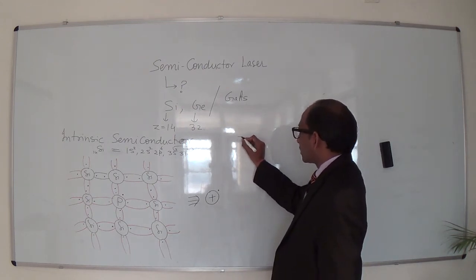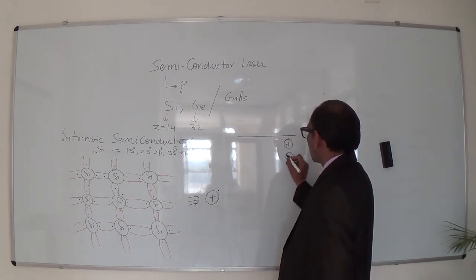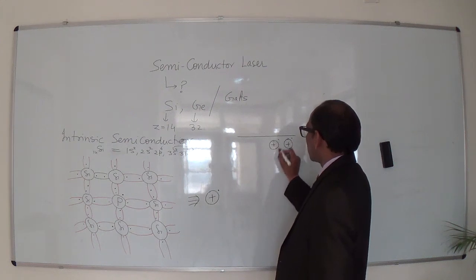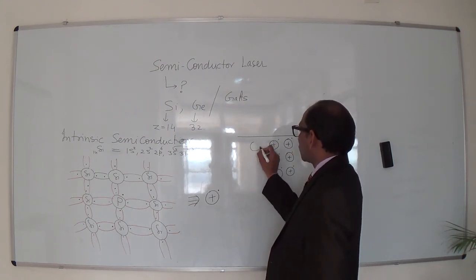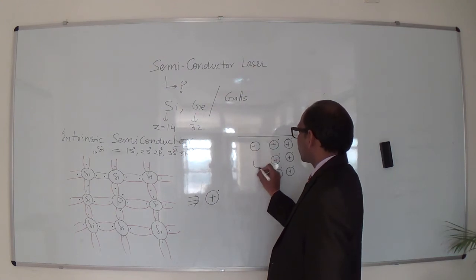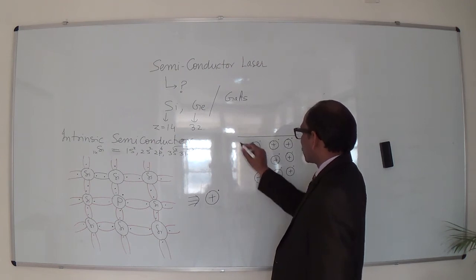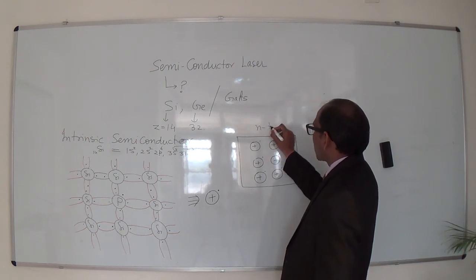The representation of an n-type semiconductor will be: this is the positive ion of the donor impurity, which has one extra electron, so plus and dot, where the dot represents the electrons. This plus and dot, this plus and dot. This is an n-type semiconductor.